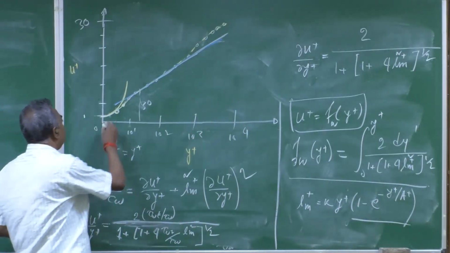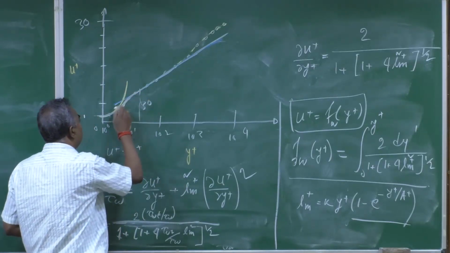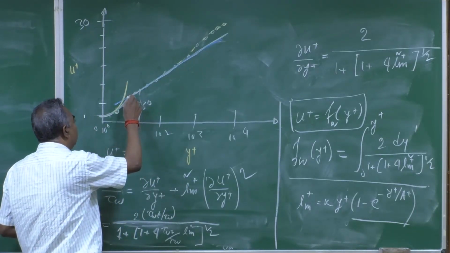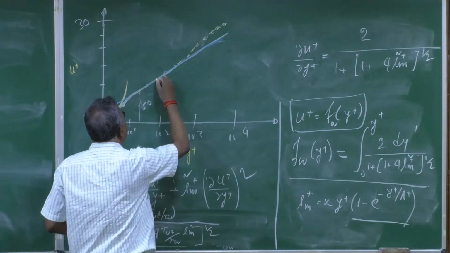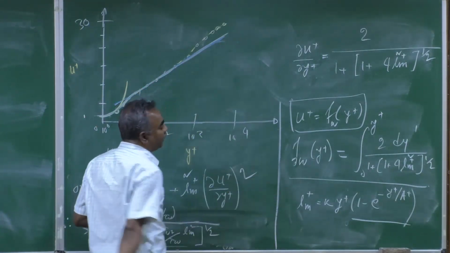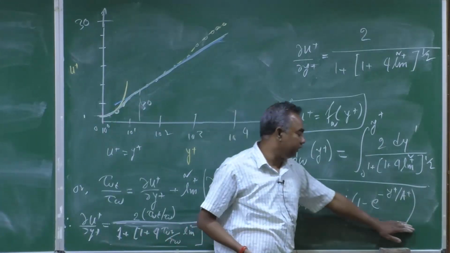So, to approximate the experimental observation within the buffer layer, Van Driest introduced the damping function for this mixing length hypothesis.